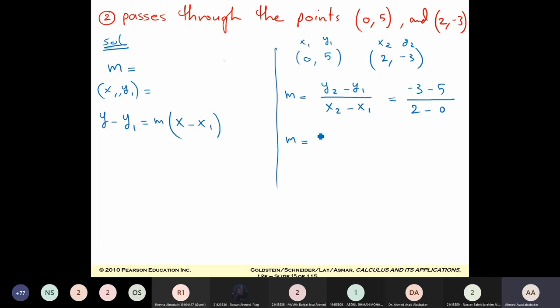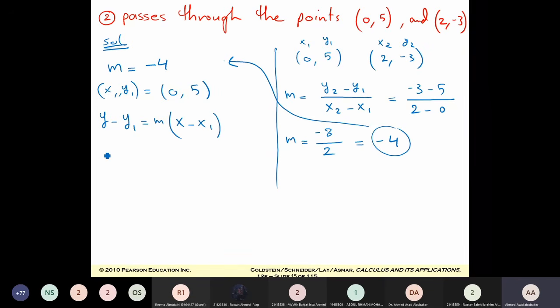So the slope equals -8 over 2, so we have -4. The slope equals -4. And we can use any point, (0, 5) or (2, -3), no problem.